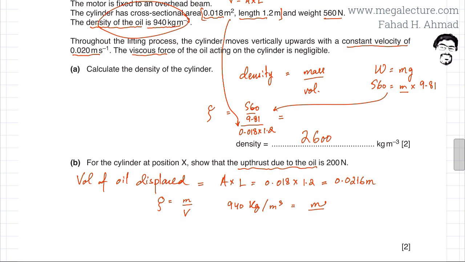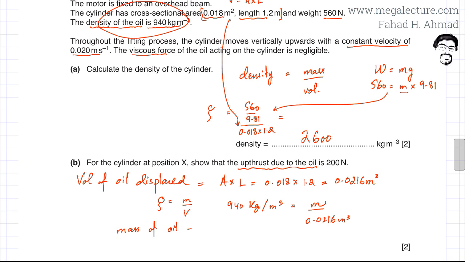and I'm able to figure out the mass because the volume is also known, 0.0216 meters cubed. So using my formula for density equals mass over volume, I can figure out the mass of oil that has been displaced.